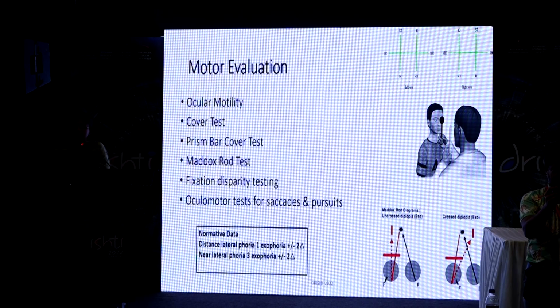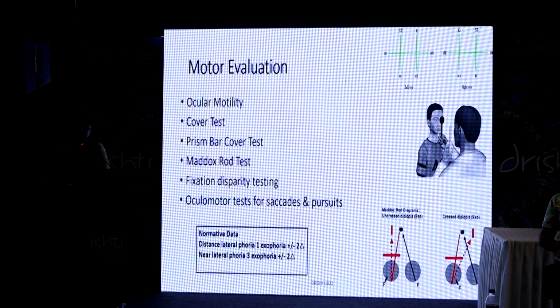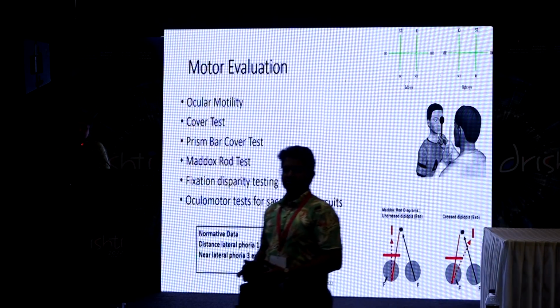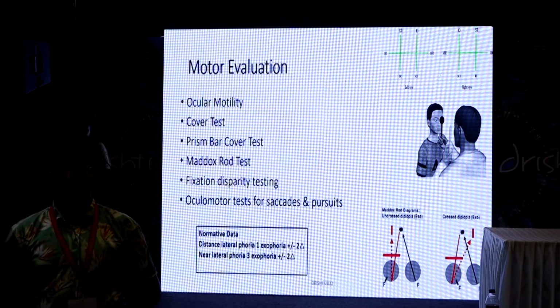Under fixation disparity testing, you have the Mallett fixation disparity test, one of the tests. There are several available though. And then the oculomotor test for saccades and pursuits is again important, especially for children who come in with a complaint of missing or skipping lines or skipping words in sentences. This testing is very, very important.